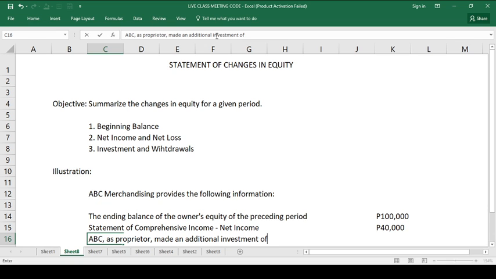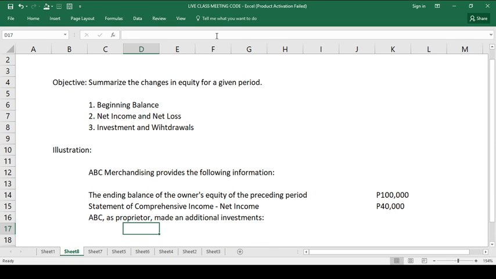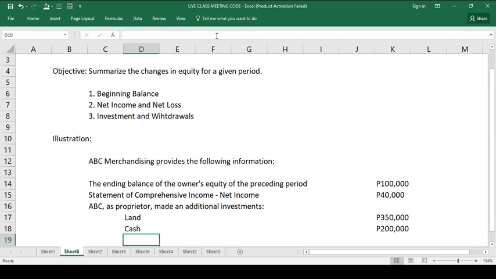That additional investment was land worth 350,000, and then there is also cash of 200,000. Those are his investments. And he also added computer sets amounting to 150,000.